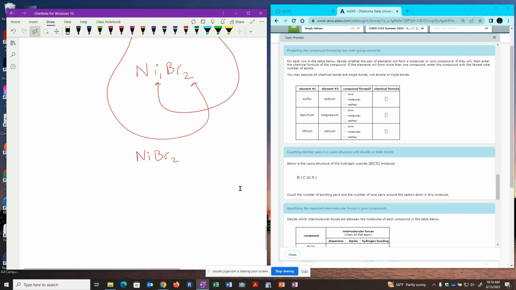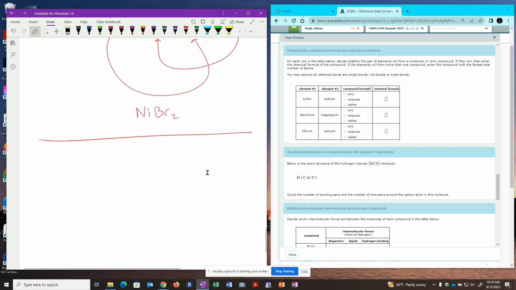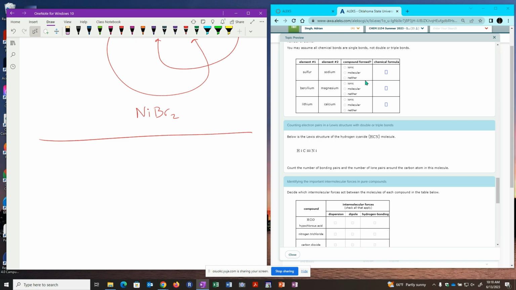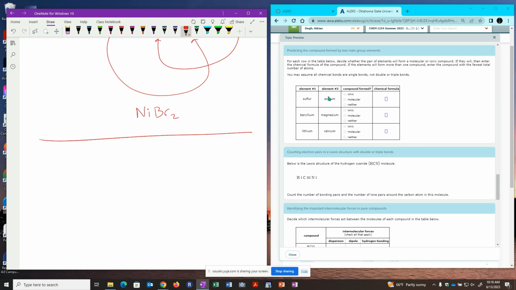All right, the next one we're looking at here is predicting the compound formed by two main group elements. So we're given each of the elements, element 1, element 2, and then we need to say whether it's ionic, molecular, or neither, and then if it's either ionic or molecular, we need to say what the formula is going to be.